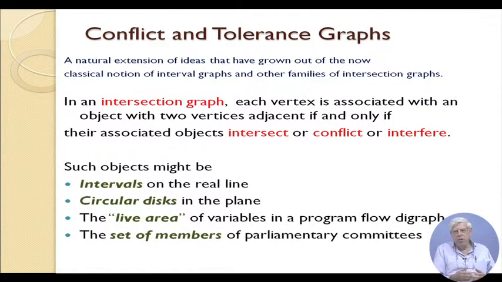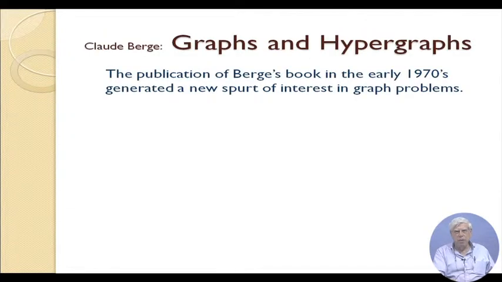Now, such objects, as we've seen in the course, in our studies, could be intersecting intervals on the line, circular disks, live areas of variables in flow digraphs, or any number of other different sets.